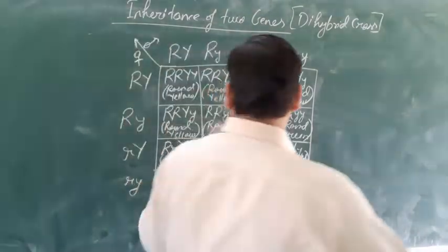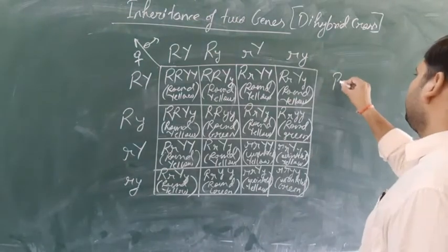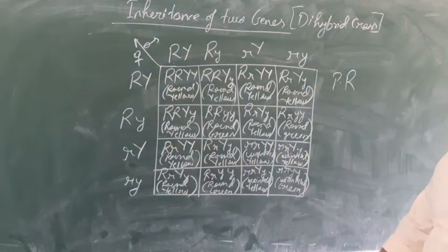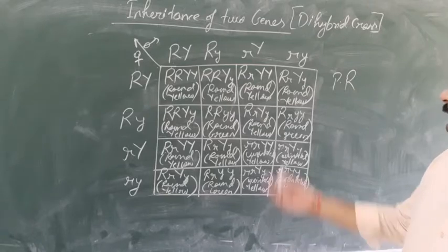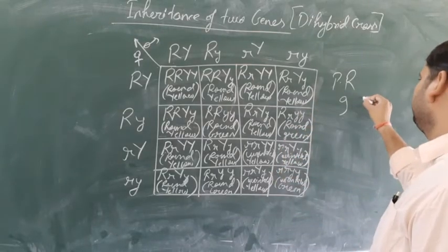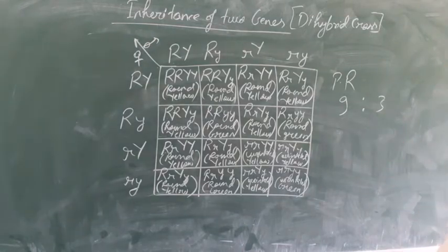Now what is the phenotypic ratio here? The phenotypic ratio you should have studied in class 10th also. Okay, so it will be 9:3:3:1.